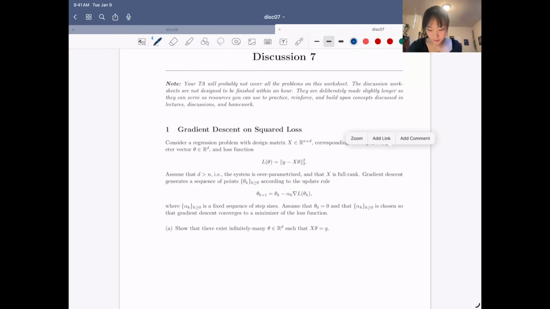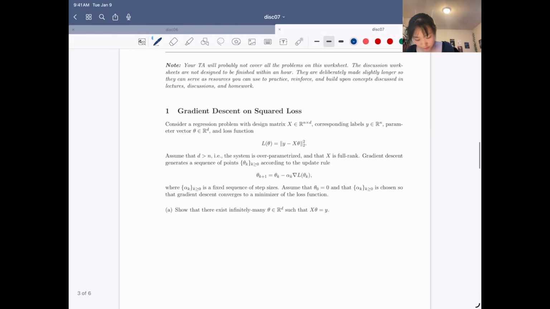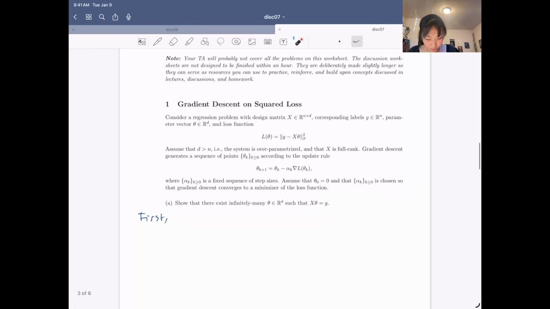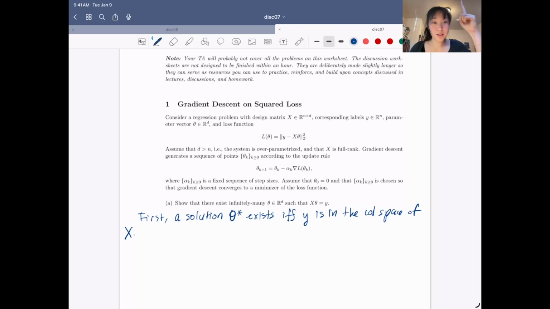Let's start by first showing that a solution theta actually exists, like there is a solution to X theta equals y. First, we know that a solution, let's call it theta star, exists if our output y is in the column space of X. I defined column space above, but if you forgot, here's an easier way to think about it.